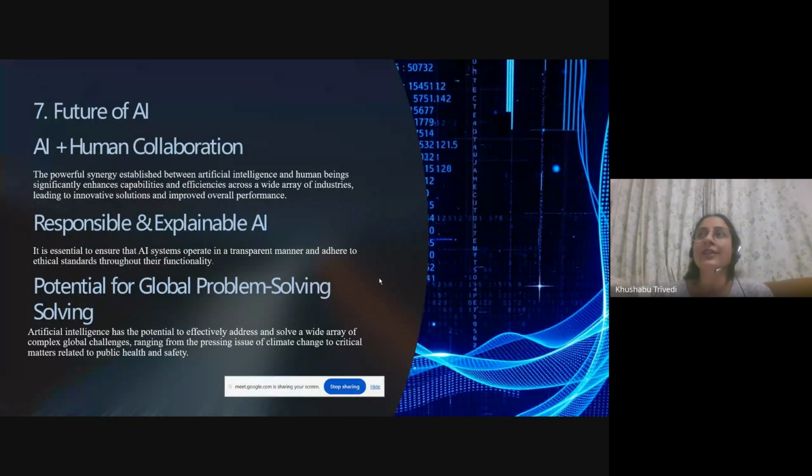And what is the future of AI? We can say that AI plus human collaboration enhances capabilities and efficiency across a wide range of industries, leading to innovative solutions and improving the overall performance of many sectors, as we have discussed, right?